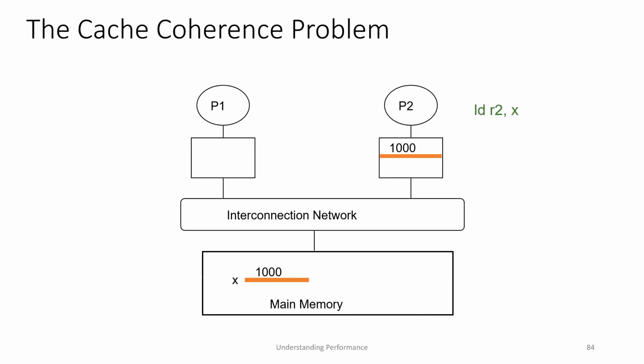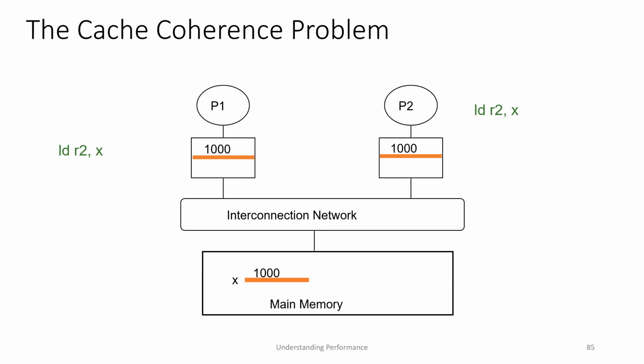Now let's say P2 has executed the instruction load R2, X. X is a location in the memory, which has the current value 1000, right? R2 is just an example register, which is again local to P2, right? So P2 has loaded value 1000 in R2.